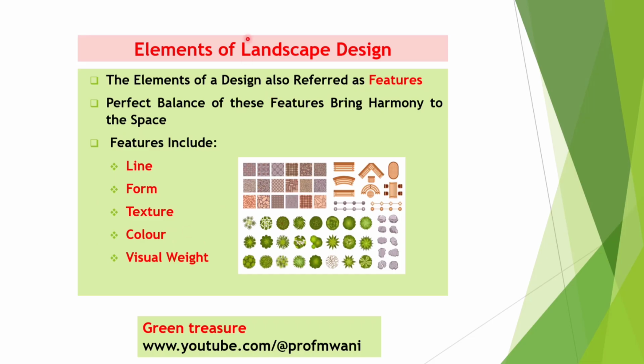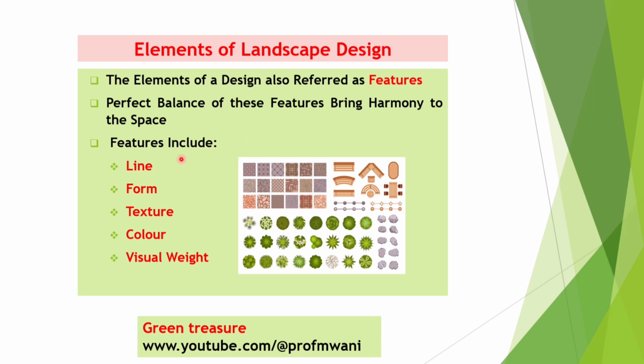What are the elements of a landscape design? The elements of a design are also named as features. When you make a perfect balance of these features, that will bring harmony to the space.